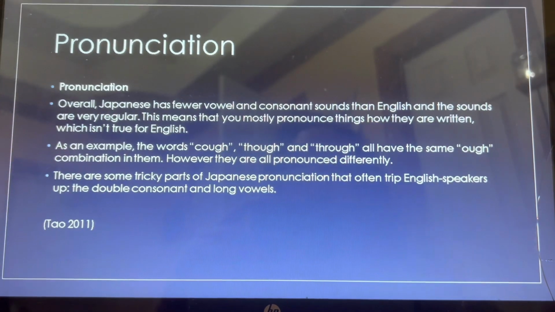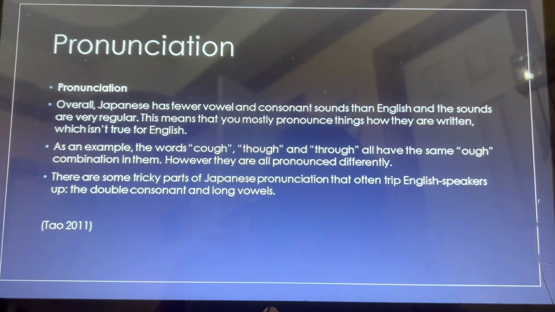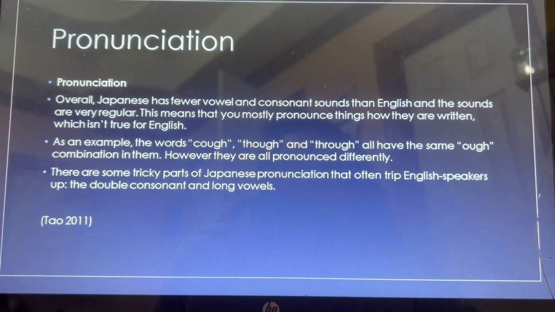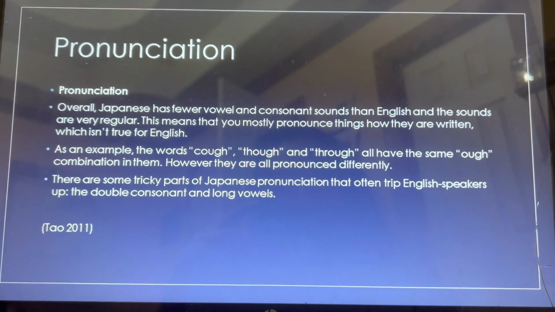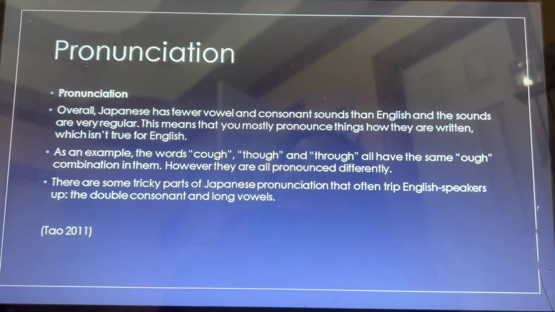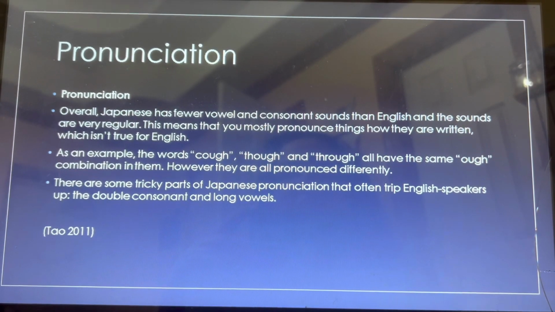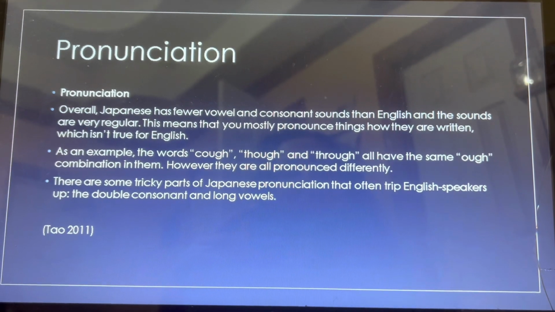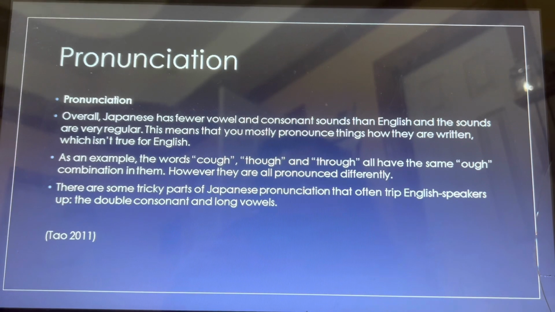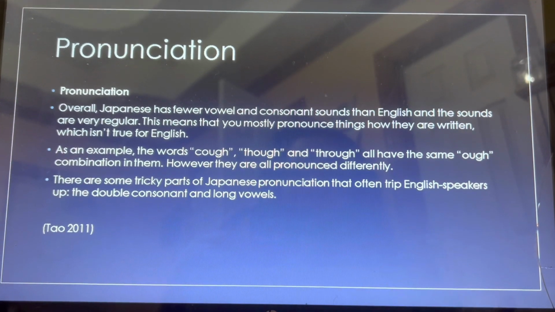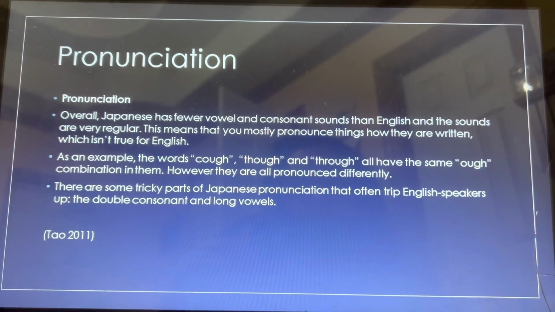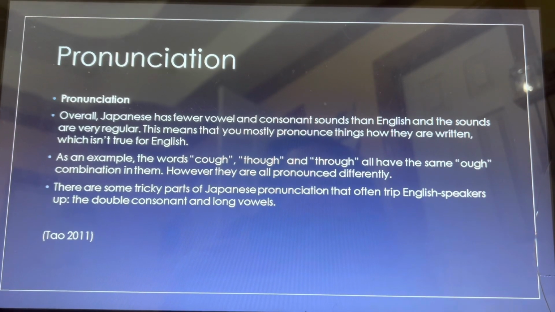And next we have pronunciation. So I just thought this was interesting, is that the pronunciation for Japanese words is usually, like several other languages, to where you could just look at the word and sound it out, and you're pretty much right on the dot. Whereas in English, of course, that's really not going to be the case for a lot of words.